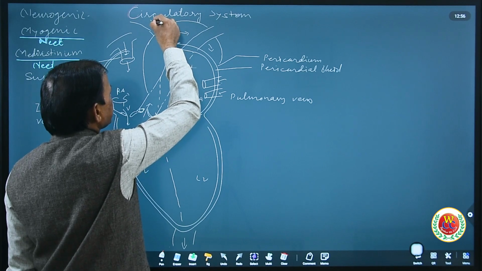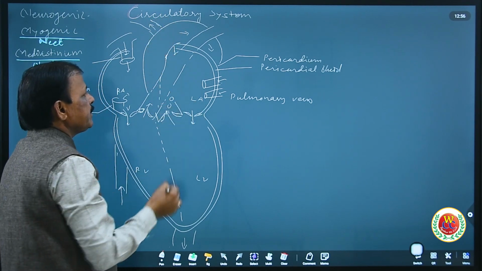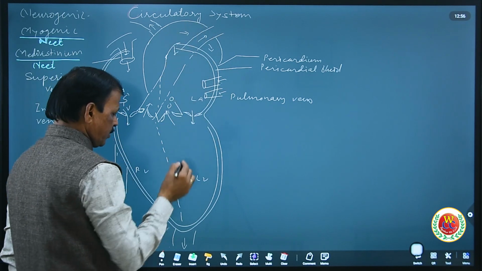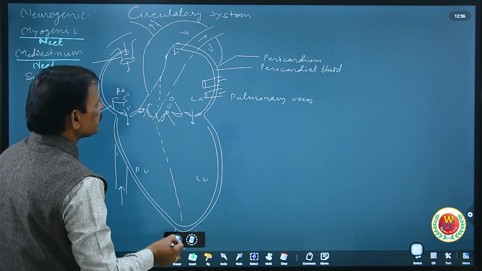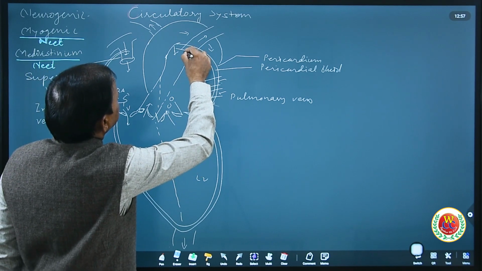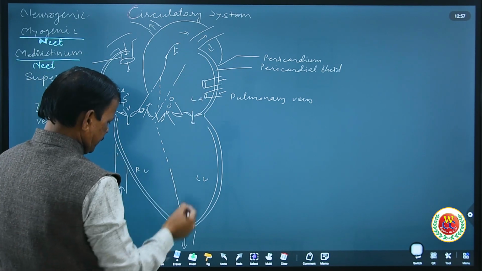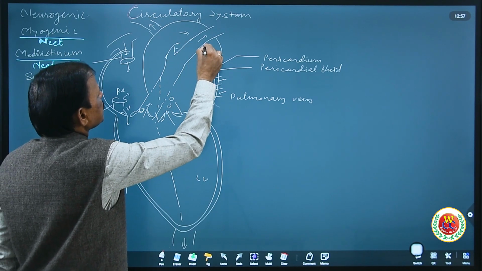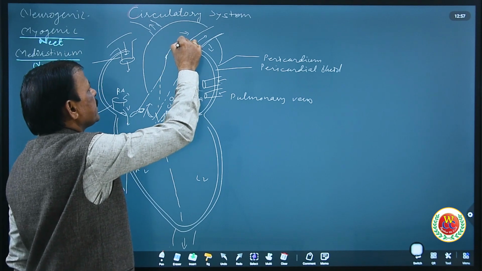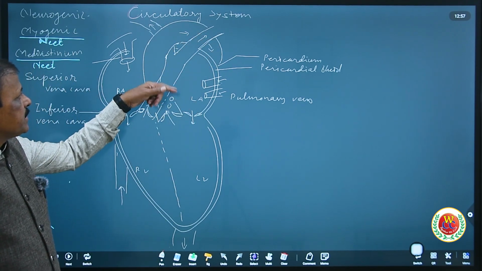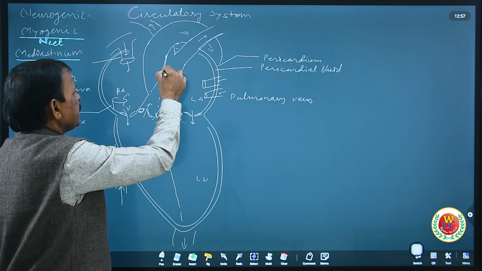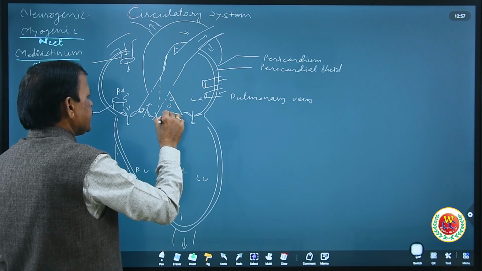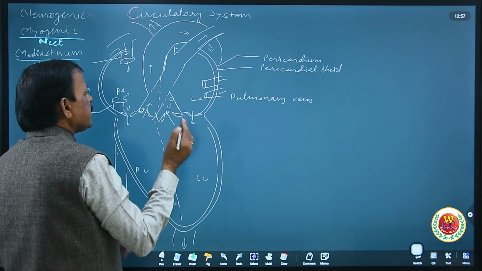So the aorta overlaps the pulmonary artery that carries impure blood to one lung, and here this pulmonary artery overlaps the aorta. Therefore, to show it, we have to cut this part and show the way it has to be. I hope you got how I have drawn. So here the pulmonary artery and aorta overlap.